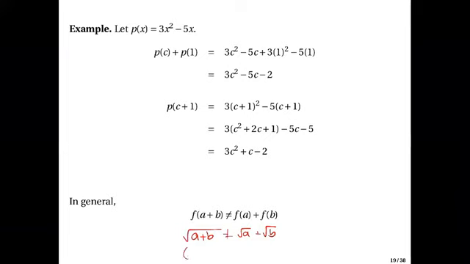Or you have your a plus b squared. This is not equal to a squared plus b squared. Okay?